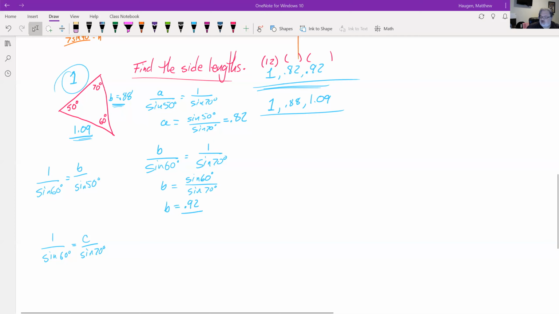So 0.82 times 12, 9.84, and 92% of 12, 0.92 of 12, 11.04.